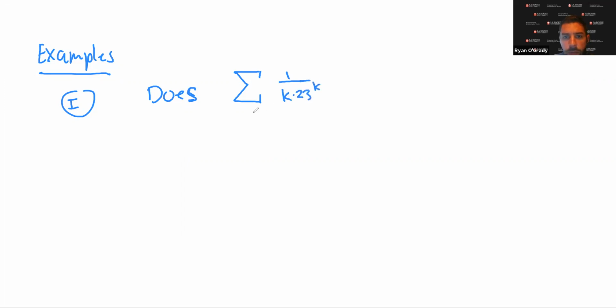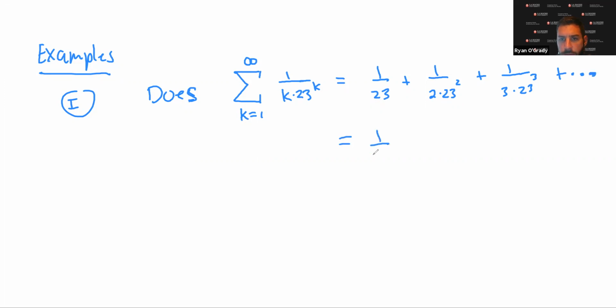So let's look at what these terms look like. When k is 1, you get 1 over 23. When k is 2, you get 1 over 2 times 23 squared. When k is 3, you get 1 over 3 times 23 cubed. That goes on forever.